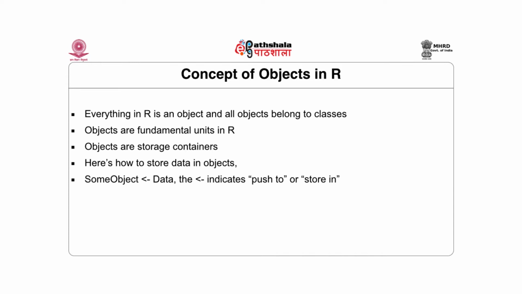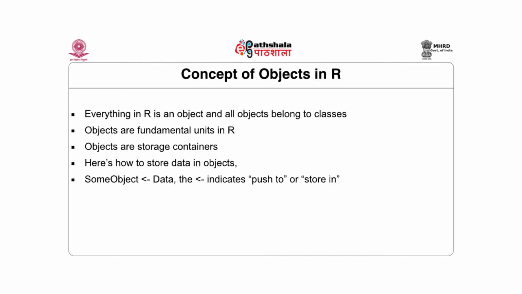Objects, specifically in R, are containers of data. There is a way in which you can assign a particular set of data or information into an object. You use a little arrow pointing to the left with a dash.